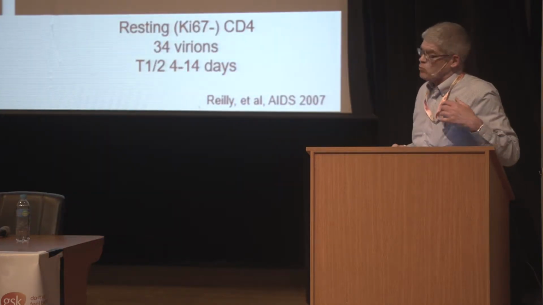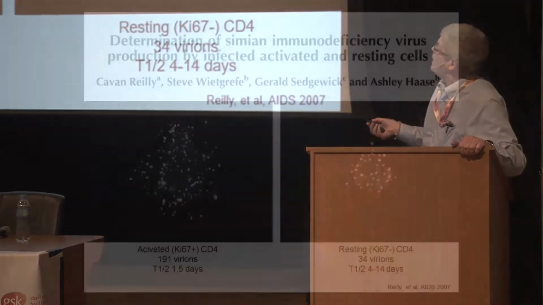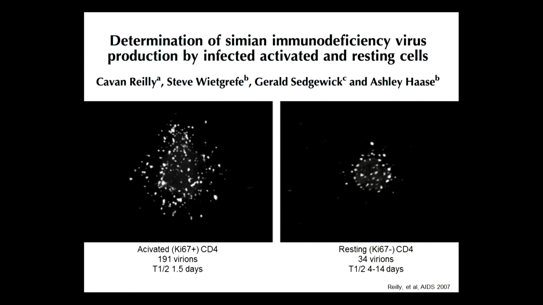And so you can begin to get a quantitative sense for how much virus is produced, but also whether it's important if that cell is activated or if it's a resting cell, and does that make a difference in terms of how much virus is produced, and what are the factors that control that? This is work that was done by Ashley Haas, who you've heard about earlier today, and Kevin Riley, who's our biostatistician.